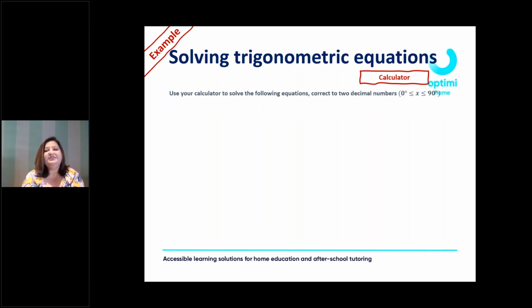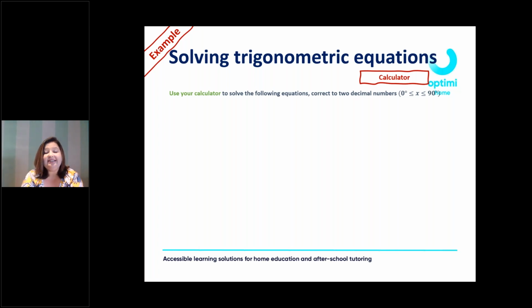So this specific question says, use your calculator to solve the following equations correct to 2 decimal places, where x is between 0 and 90 degrees. Now there's a lot of information that you might miss if you don't look carefully. The first thing is that they say, luckily in this case, use your calculator.